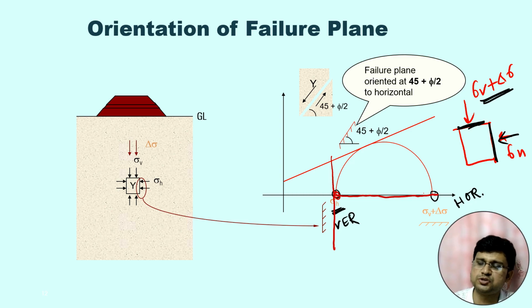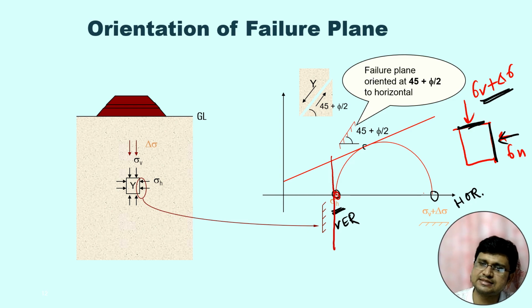Now, which point corresponds to the failure point? When the Mohr circle was increased, this was the point where the Mohr circle is actually touching the failure envelope.